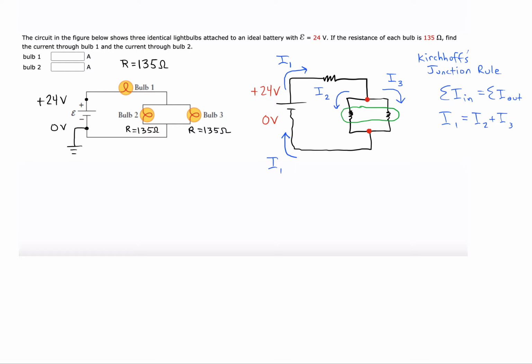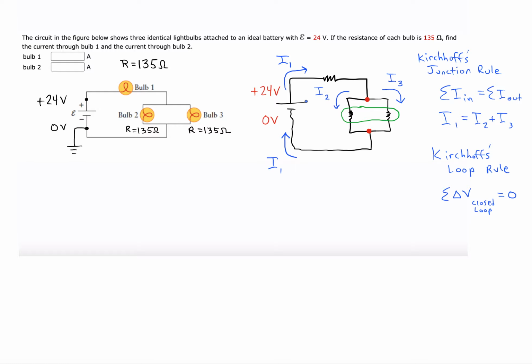Okay. One of the other rules we have is Kirchhoff's loop rule. And the loop rule says that the sum of all the potential changes in a closed loop will always equal 0.